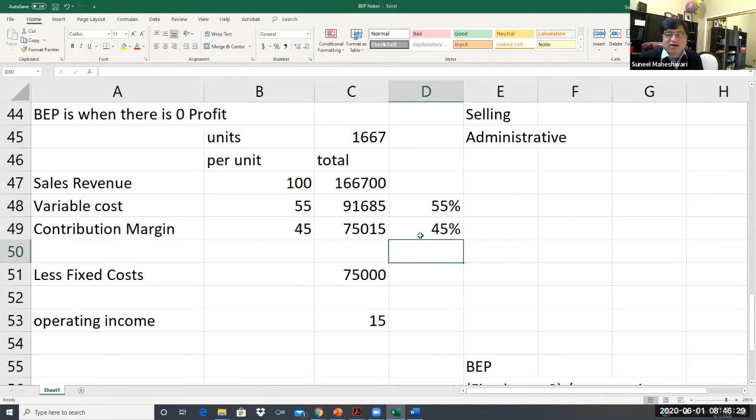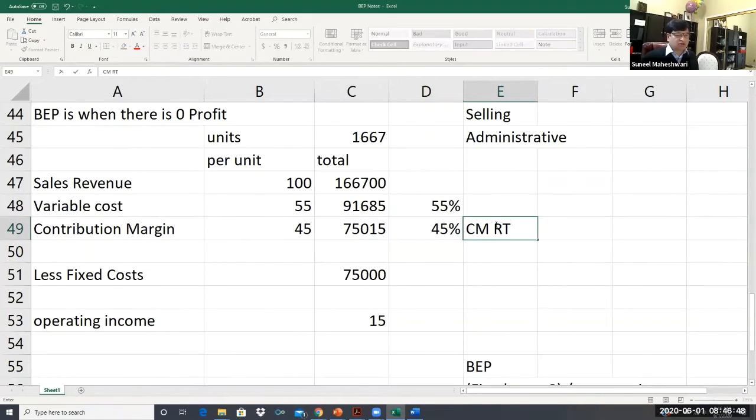Now your mathematics comes into the picture. That 45% is what we call the contribution margin ratio. And this is called your variable cost ratio, VC being variable cost.